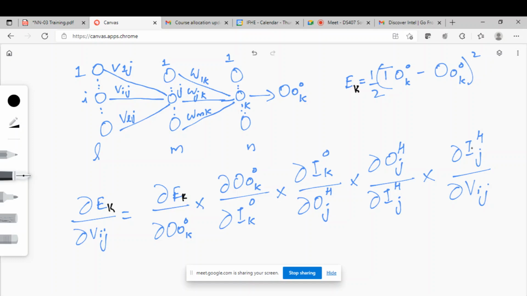That input depends on this particular weight Vij. So to solve this part, we have to solve all these things.